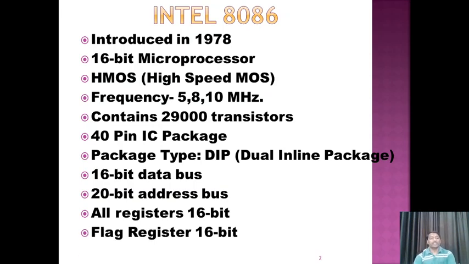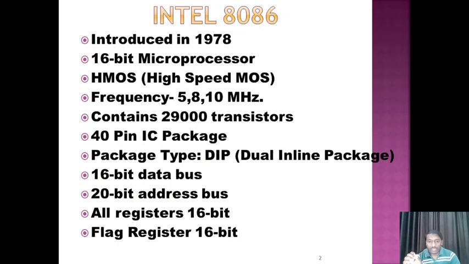Next, the flag register. Since this microprocessor is of 16 bits, the size of the flag register will be 16 bits. But out of 16 bits, only 9 flags are available here, and the remaining 7 bits are undefined. Of the 9 flags, 5 flags are the same as in 8085, and 4 are new flags: TF, DF, IF and OF, that is trap flag, direction flag, interrupt flag, and overflow flag.